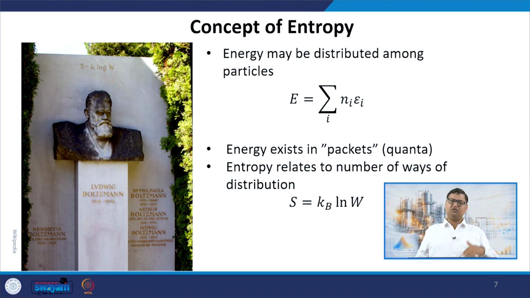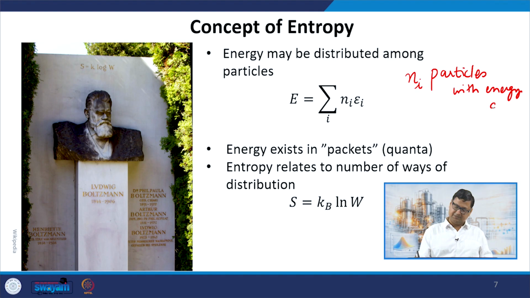So the energies can be different, and we may imagine that there are some N_i particles with some energy epsilon_i. If I sum N_i epsilon_i over all possible values of epsilon_i, I will get the total energy of the system.